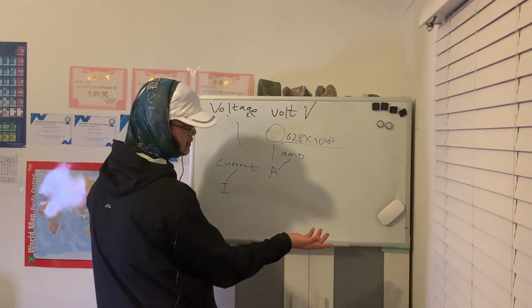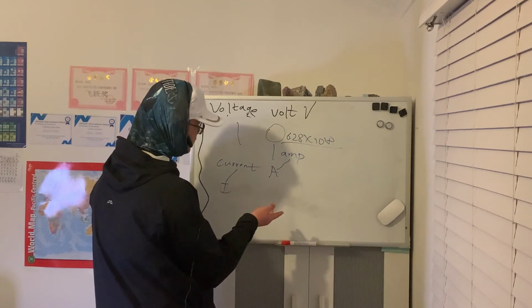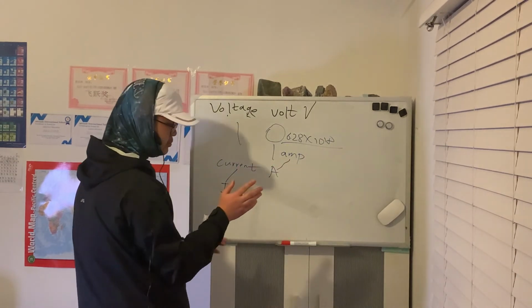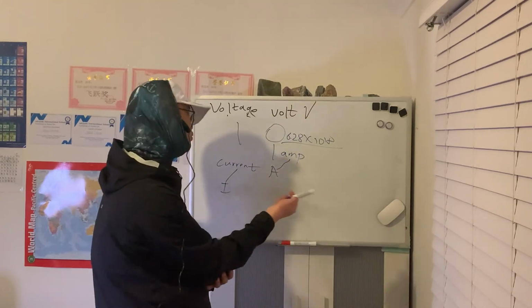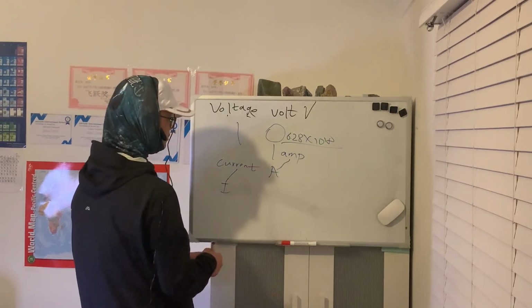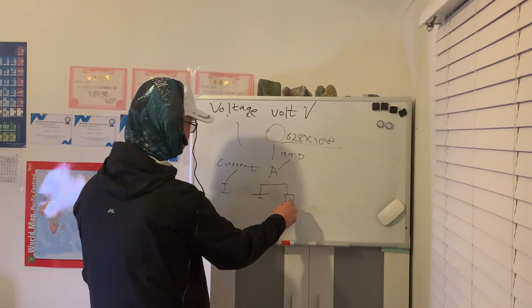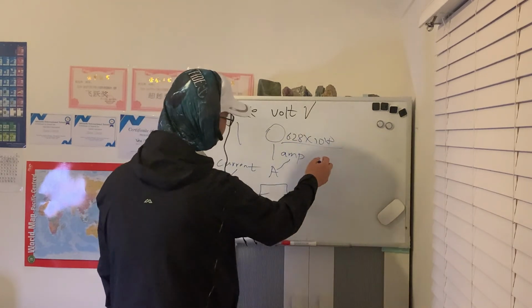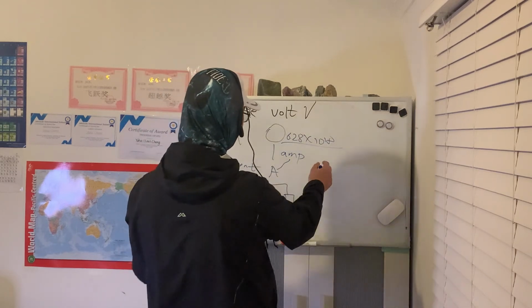And resistors also make the electrons, or actually positive charges, hard to flow through. That's what the resistor does. So if I have this circuit, I have a resistor there. There are two ways to write a resistor, depending on which way you prefer.